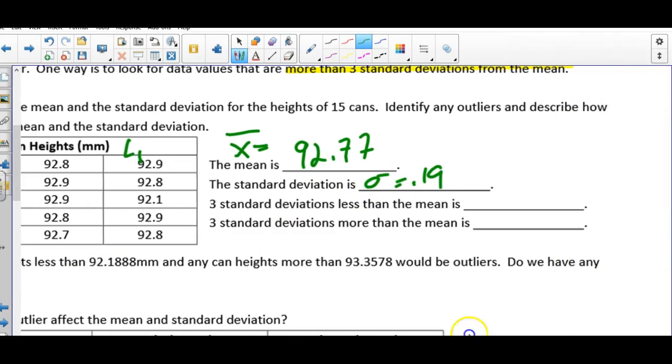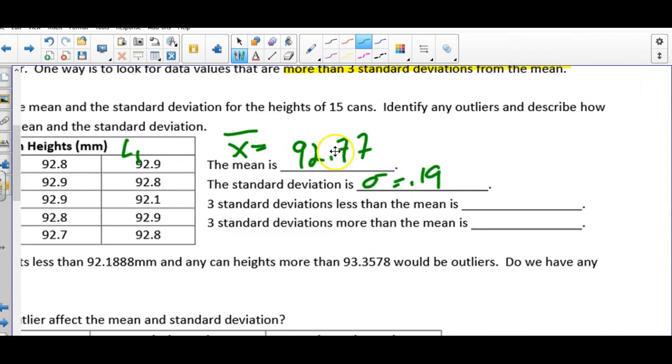Now, a thing I want to point out to you is this. See how we have to find 3 standard deviations less than the mean and 3 standard deviations more than the mean? Well, let's address the 3 standard deviations part. If this is the standard deviation, 1 standard deviation, and I want to find 3 standard deviations, I'm going to do 3 times the standard deviation. So 3 times 0.19 gives me 0.57.